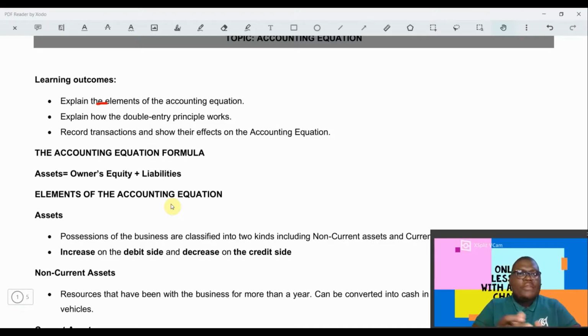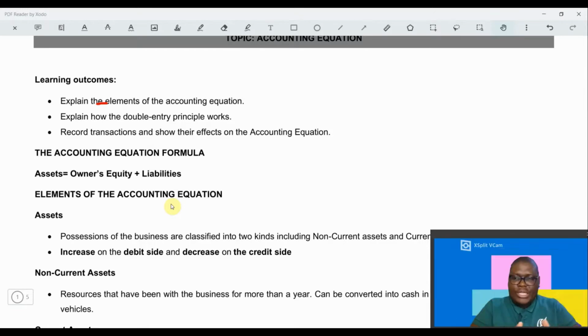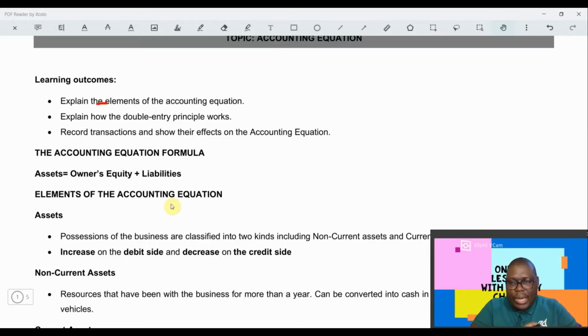So, for example, if our assets are 1,000 and our owner's equity is 300, our liabilities are supposed to be 700, so that when we add them, it's 1,000 on both sides. Remember, in an equation, both sides are supposed to be equal.